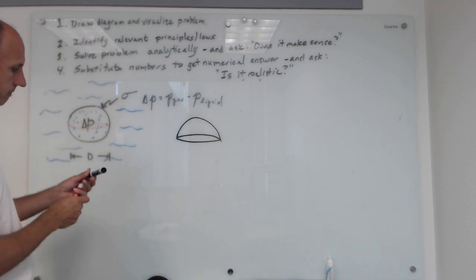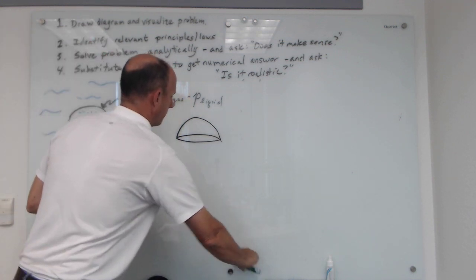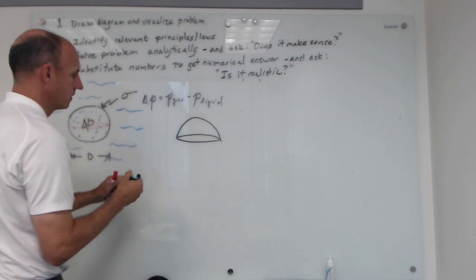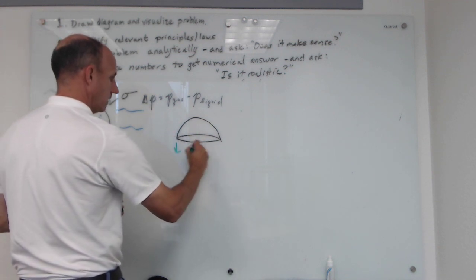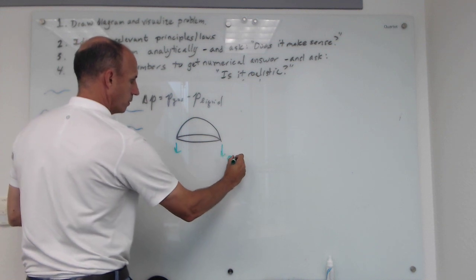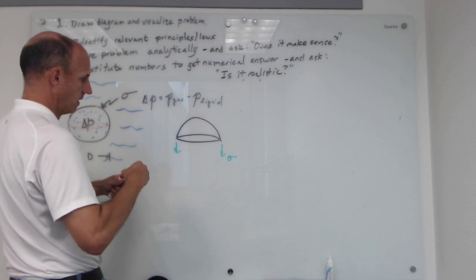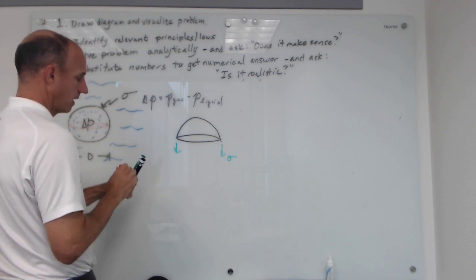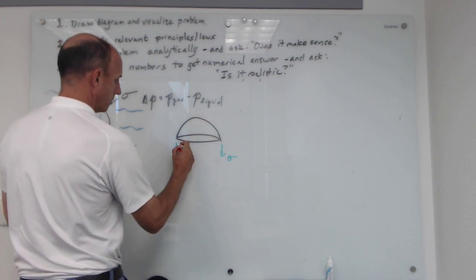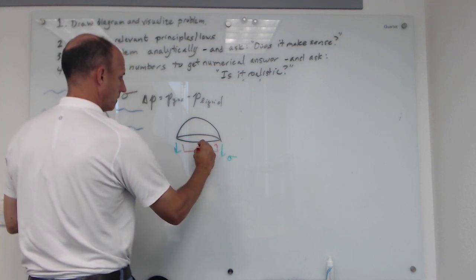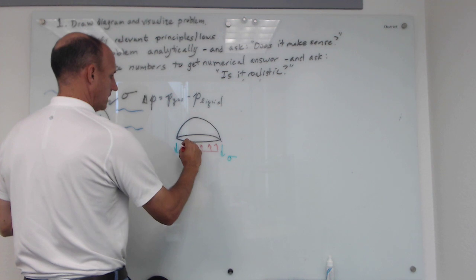Okay? And now since we've removed the bottom half, we need to put in equivalent forces. And so the equivalent forces are going to be the surface tension pulling downwards on the perimeter of that interface. And then you've got the pressure inside the bubble, which is going to be pushing up inside.